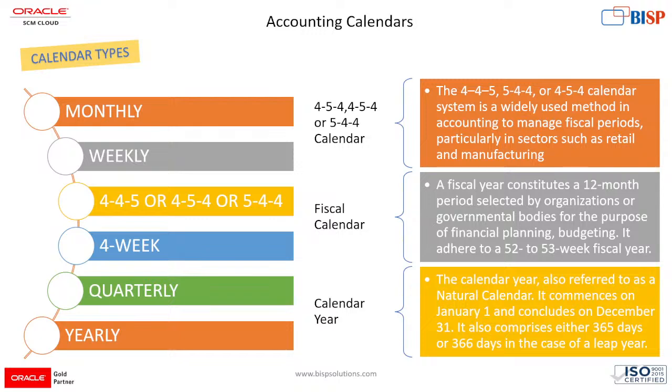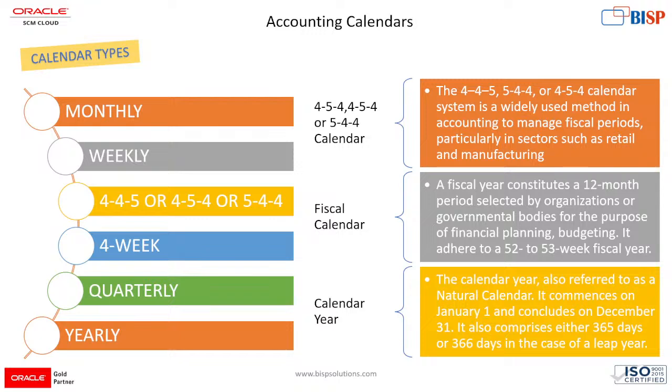Now moving to the calendar year, or natural calendar. The natural calendar year, again as I said, spans 12 consecutive months and concludes at a natural low point of the year. It commences on January 1st and concludes on December 31st, adhering to the Gregorian calendar for both individuals and organizations.